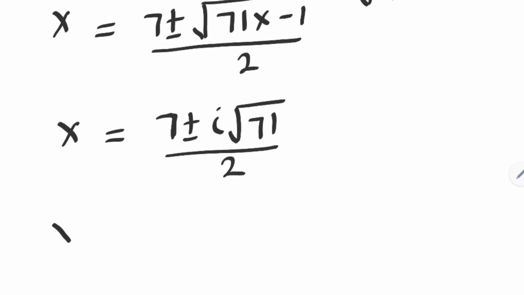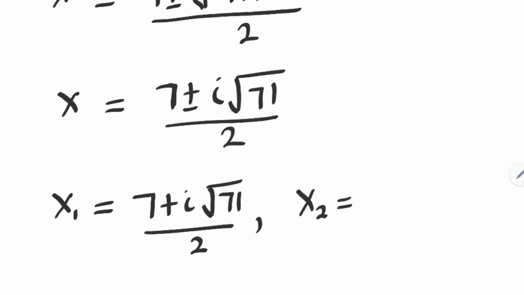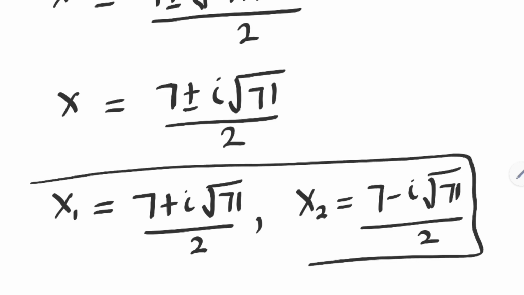Therefore, x1 is equal to 7 plus i root 71 divided by 2, and x2 is equal to 7 minus i root 71 divided by 2. These are the values of x. We've gotten the values of x.